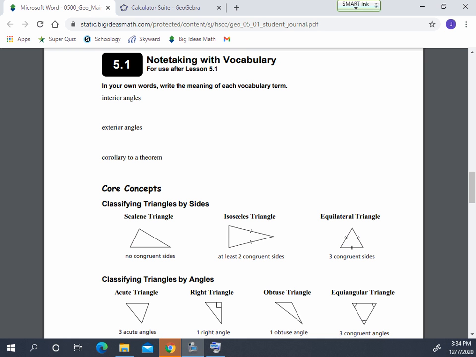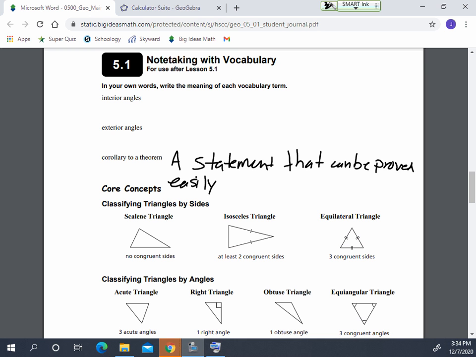A corollary to a theorem is a statement that can be proved easily using a theorem. Okay? So let's think of this.